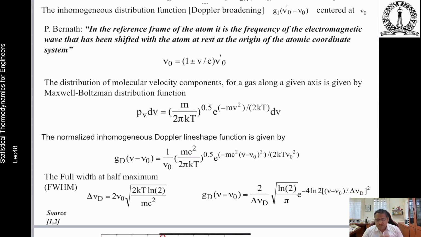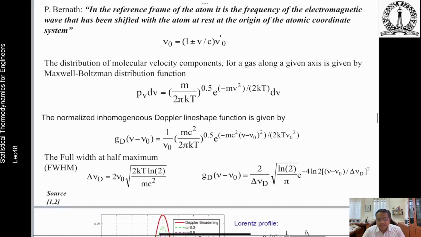As a matter of fact, it's pretty complicated to write. The full width at half maximum is given by this, and the total line shape function is given at the end of the table. So the full width at half maximum is here, and the normalized Doppler line shape function is given like this.